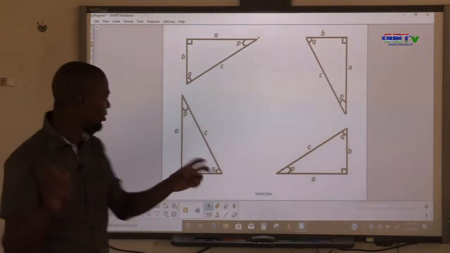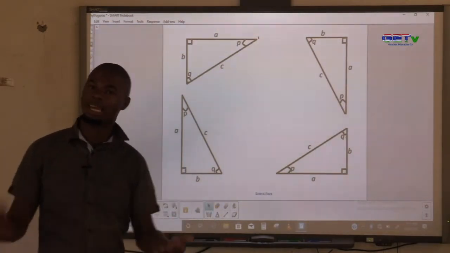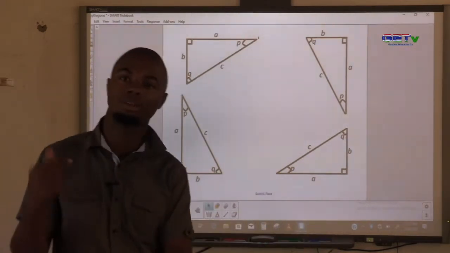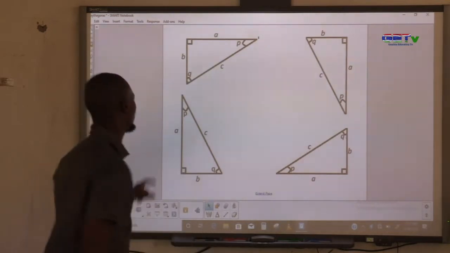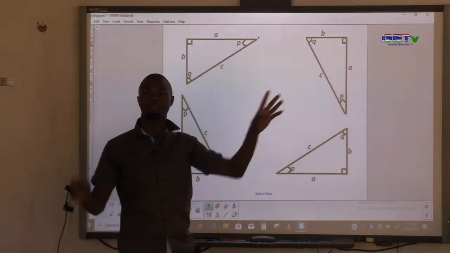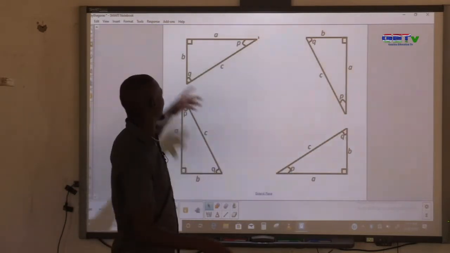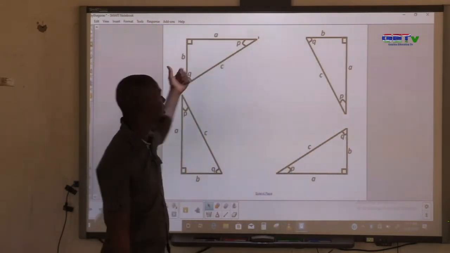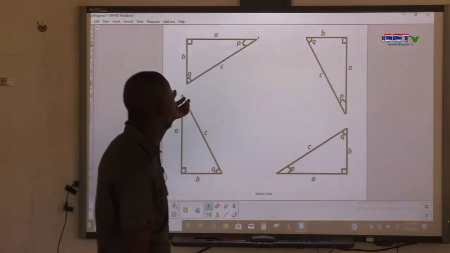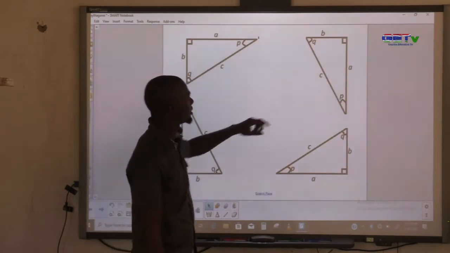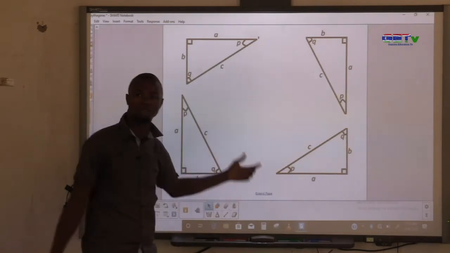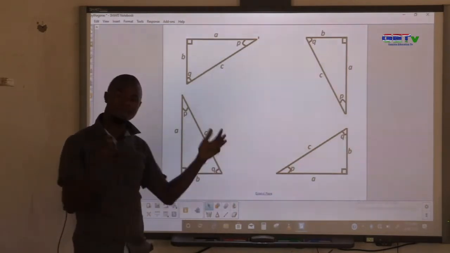If you look at it properly, they have their sides A, B, C, and angles inside. The right angle is where you have the box. This indicates it is a right angle triangle, and they also have the same angles. The other angles in each of the triangles are P and Q. In each triangle we have angles P and Q and the same sides.